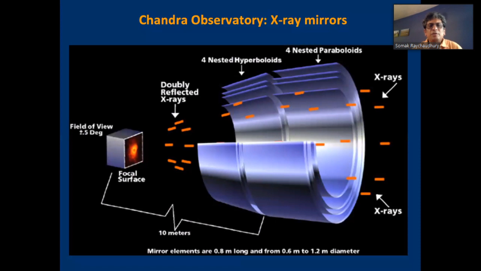And so the Chandra Observatory does that by not reflecting them directly from the surface of the mirror, but reflecting them at what is known as grazing incidence, which means that the X-rays are incident on the surface at a very, very small angle. At very small angles, they don't pass through the surface.